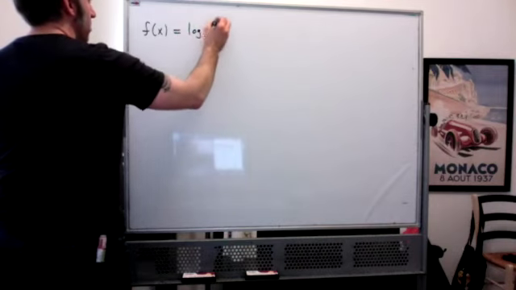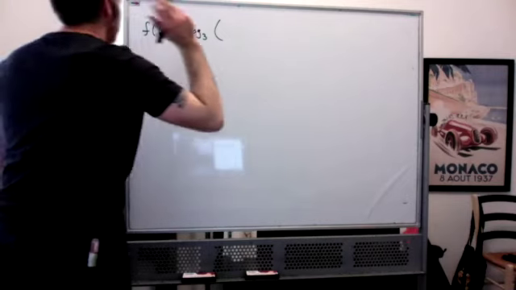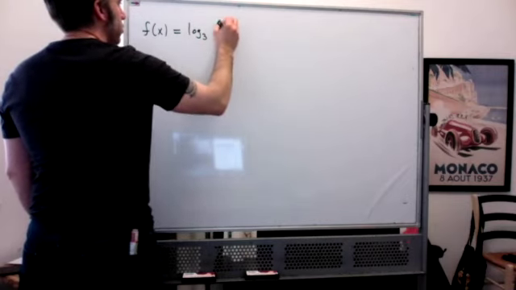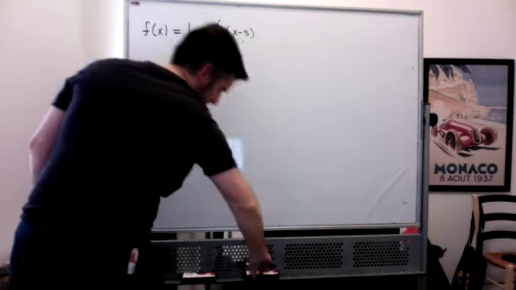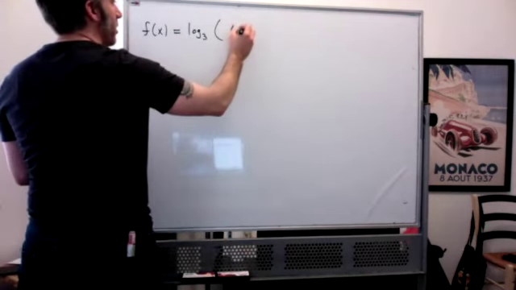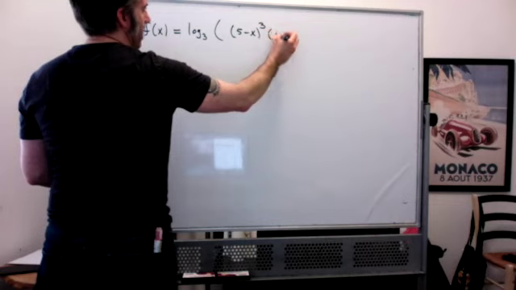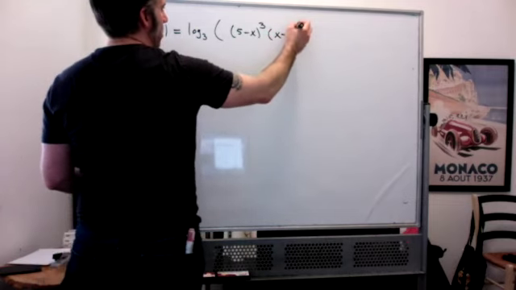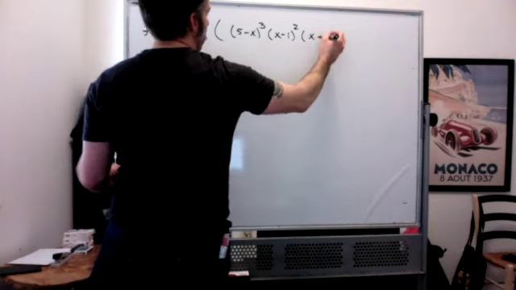Log base 3 of x minus 5. Oh, no, let's do 5 minus x cubed times x minus 1 squared times x plus 3.